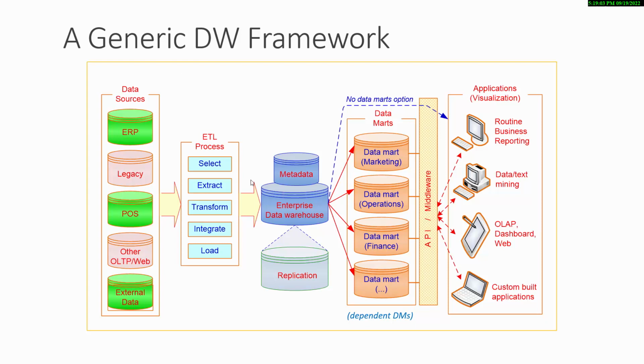These data then need to go through a process called ETL, or extraction, transformation, and loading, before they are ready to be loaded into the data warehouse or data mart. So sometimes we may have data marts with the data warehouses, but sometimes we'll just have the data warehouse, no data mart.